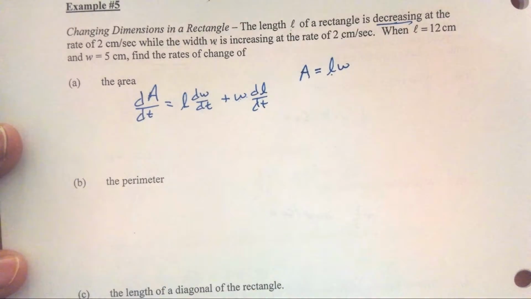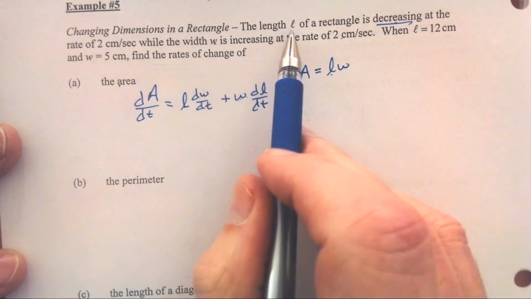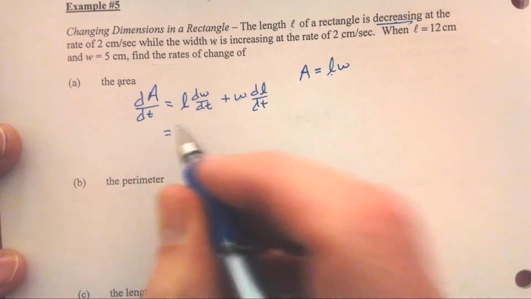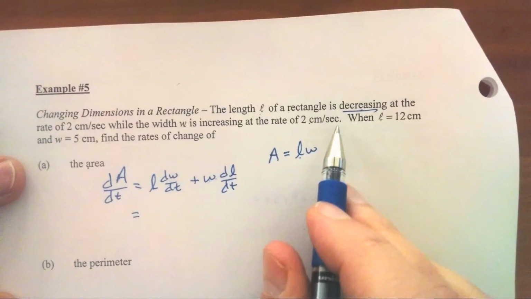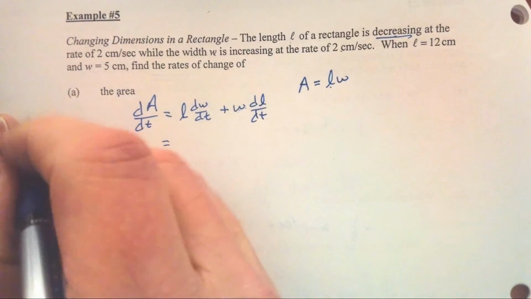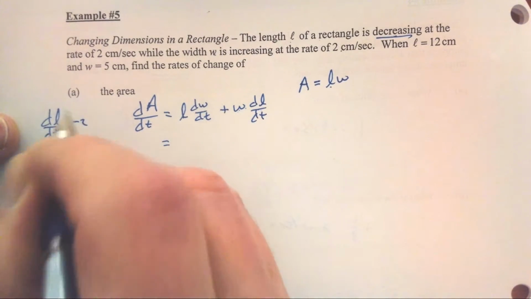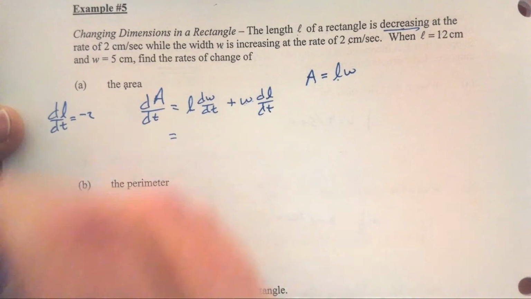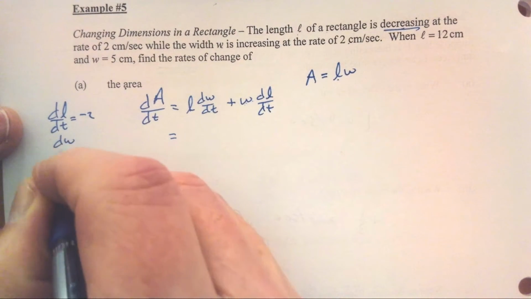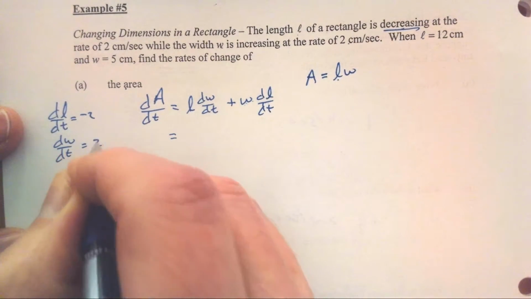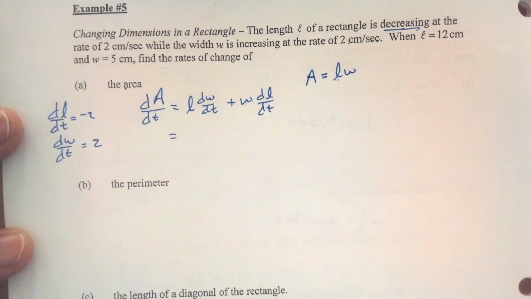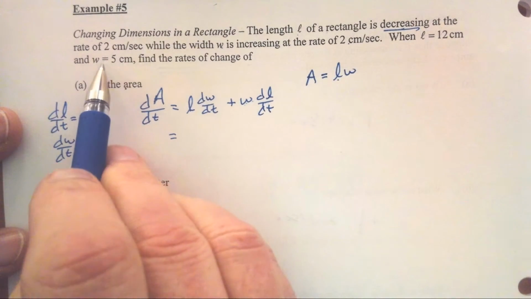Okay, so what do we know? The length of the rectangle is decreasing. They have told me right here, I'm going to jot this down, that dl/dt is negative 2 centimeters per second. They've told me that dw/dt is increasing at 2 centimeters per second. They've told me that L is 12 when W is 5.